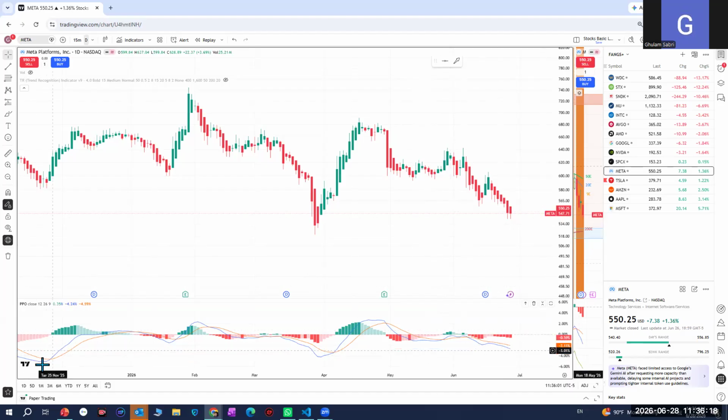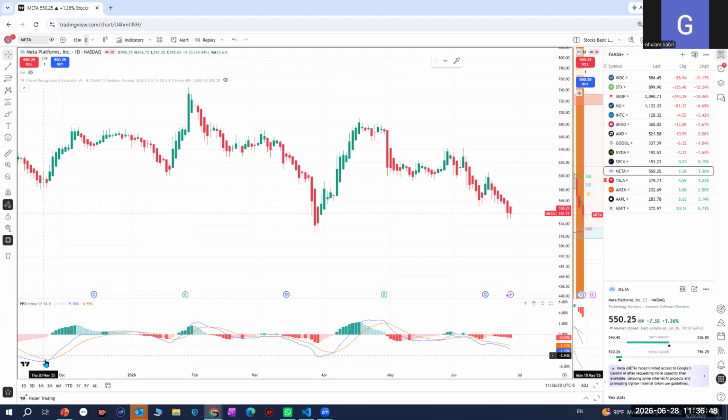So this is the percentage price oscillator. This is known as the PPO line. What is the PPO line? The PPO line is the difference between two moving averages, which are in this case 12 and 26. 12 is the fast moving average, 12 period, and 26 is the slow moving average. When this is rising upward, it means the faster moving average is increasing at a faster rate than the slower one.